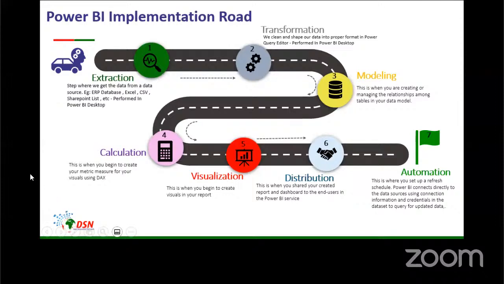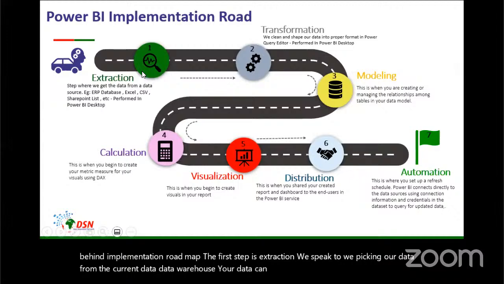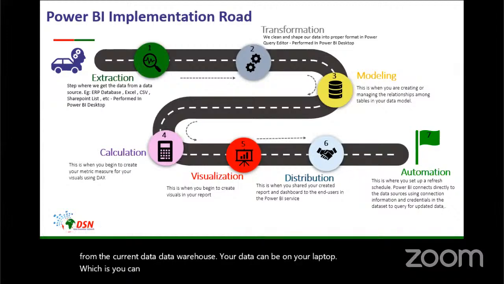As a reminder for some of us that just joined the call, we have seven steps in the Power BI implementation roadmap. The first step is extraction. We pick our data from the current data warehouse. Your data can be on your laptop, in Excel, CSV, or in any format that it might be.